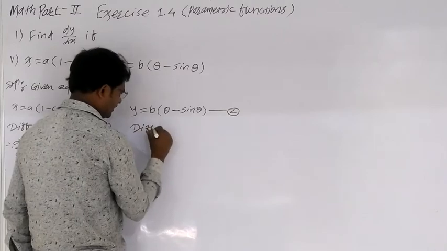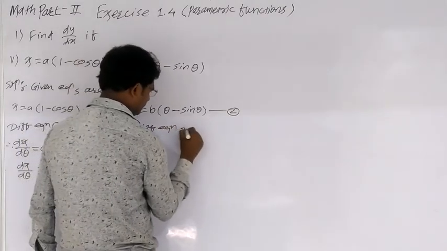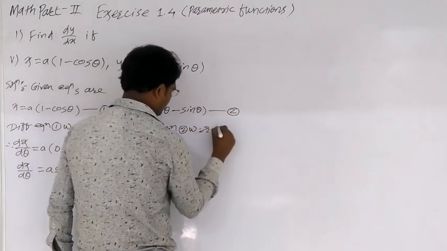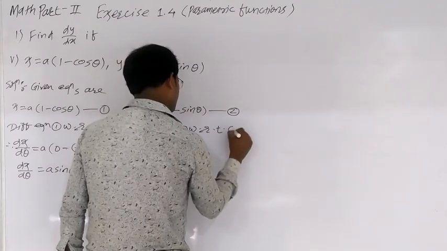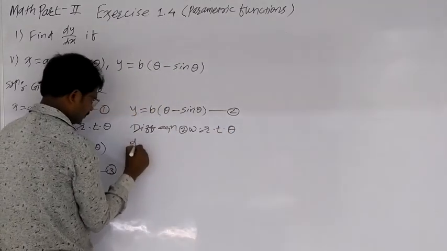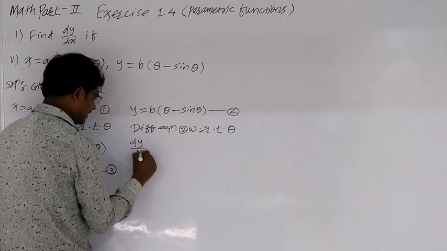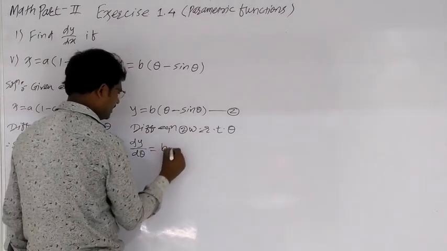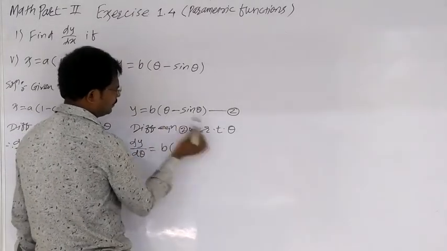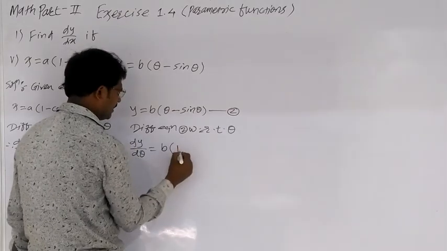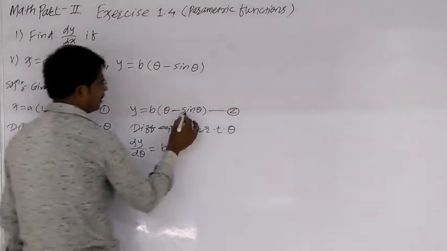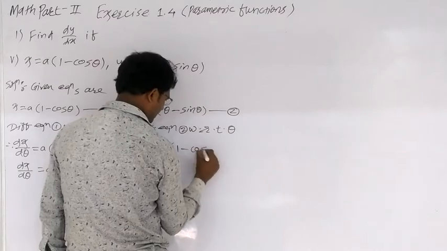Now differentiate equation second with respect to theta. We get dy upon d theta is equal to b into derivative of theta with respect to theta is 1 minus derivative of sin theta is cos theta.